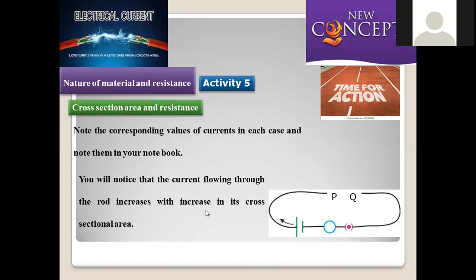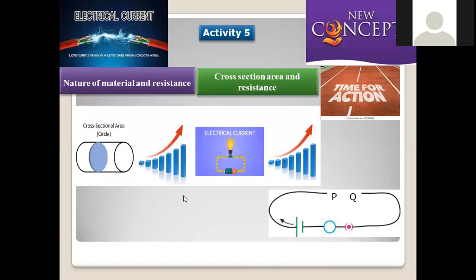Cross-sectional area is directly proportional with the strength of the current. So here it is clearly depicted. Cross-sectional area of the circle. So cross-section is nothing but hypothetical line which used to bisect the molecule into two halves. That is called a cross-sectional region, which clearly depicts the thickness of the medium, right?